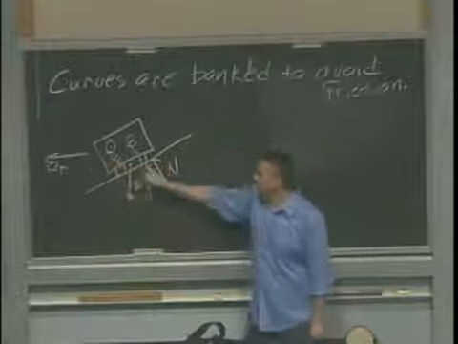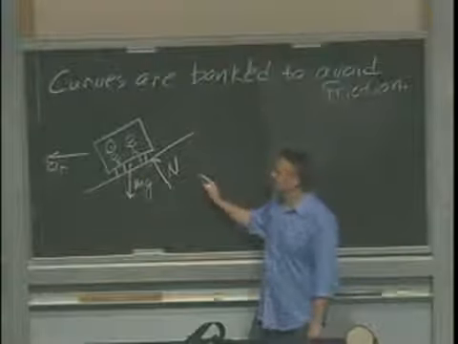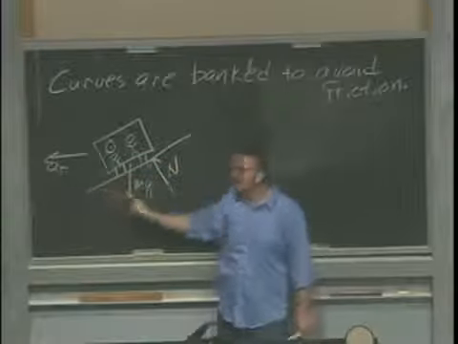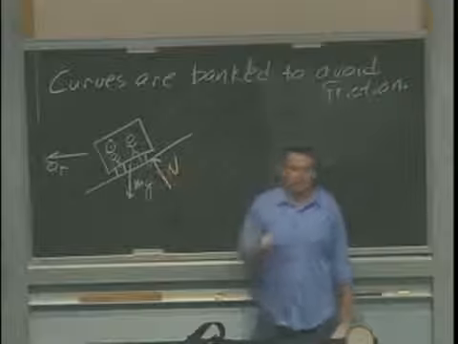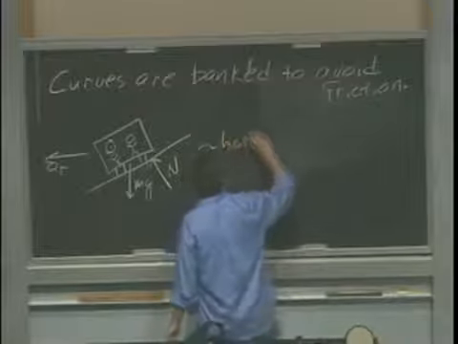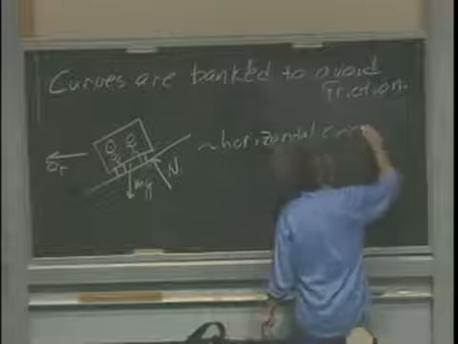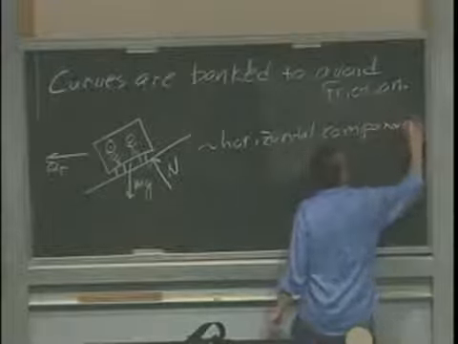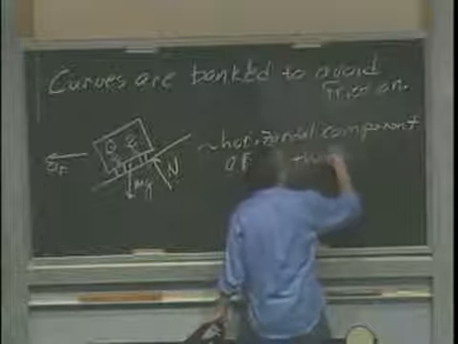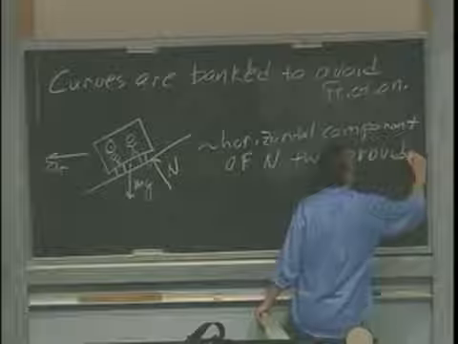So these are not perfectly balanced. When you add them together, you're left with a residual little force pushing inwards, because the normal force is pushing towards the left in this case. And it's that horizontal component of the normal force that provides the centripetal force.